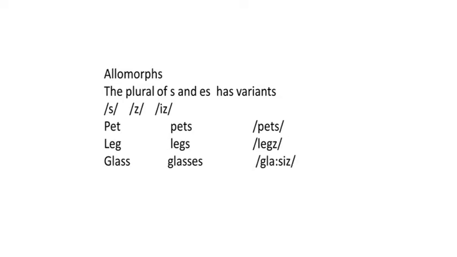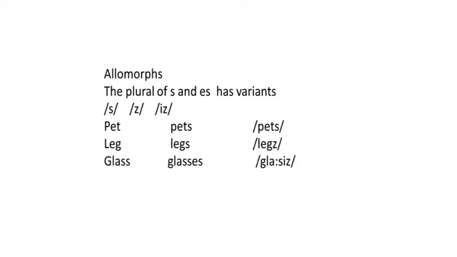And if you look at glasses, it is pronounced glasses, right? So it is differing, changing, varying with different plurals or different words when it is changed into the plural. These are called allomorphs of the plural morpheme.